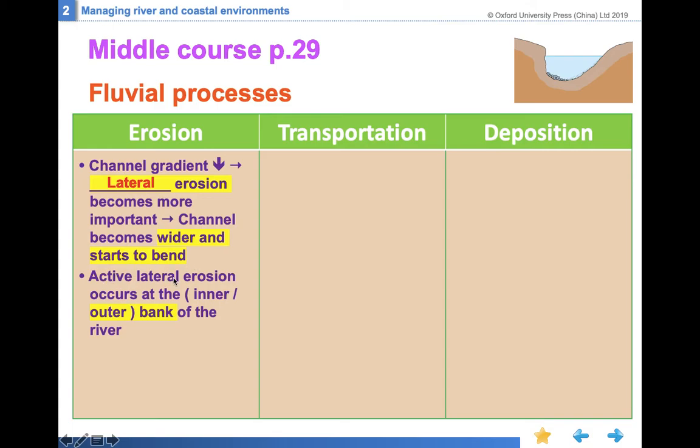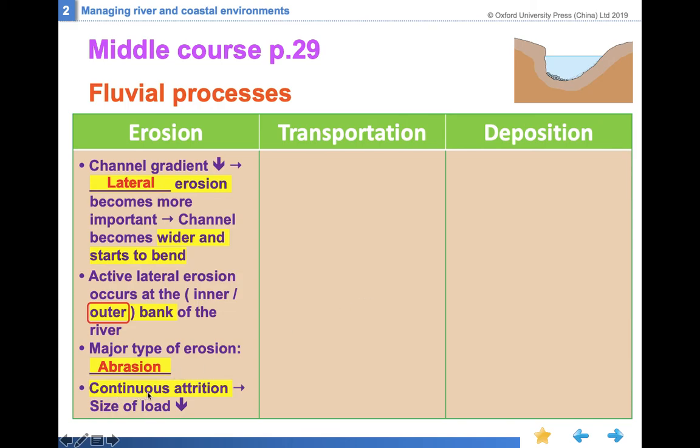Active lateral erosion will occur at the outer bank of the river, and the major type of erosion here would be abrasion. So why would it appear at the outer bank of the river? We will talk more about it in the next chapter.